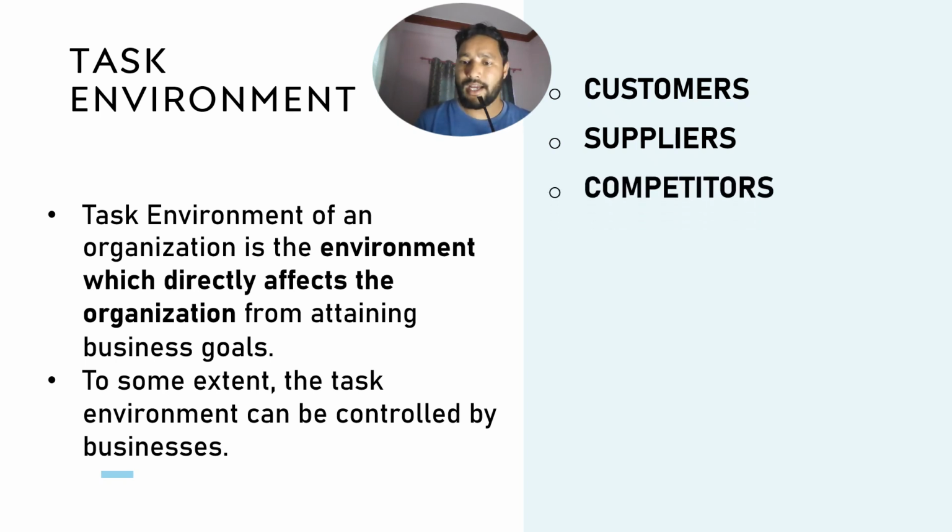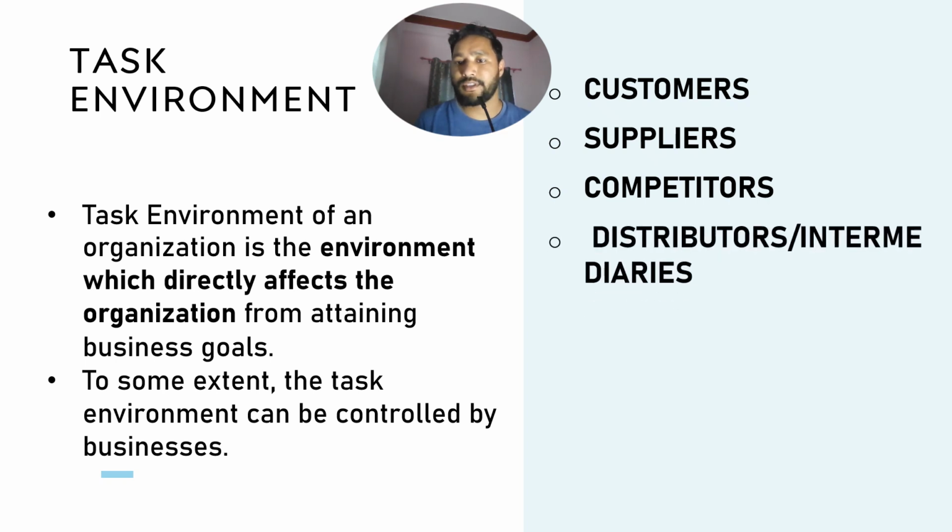Each and every action taken by competitors influences the organization. If a competitor comes with a strong product, the organization needs to react to it. Otherwise, the organization will lose the competitive advantage or may collapse. That's why the organization needs to continuously observe the moves of its competitors.